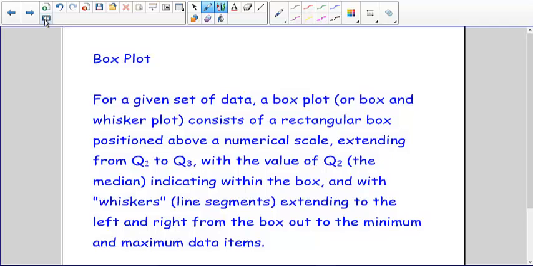So now you can see why we needed those five values, because these tell us how big the box is, where to draw a line inside the box, and how long to draw the whiskers.